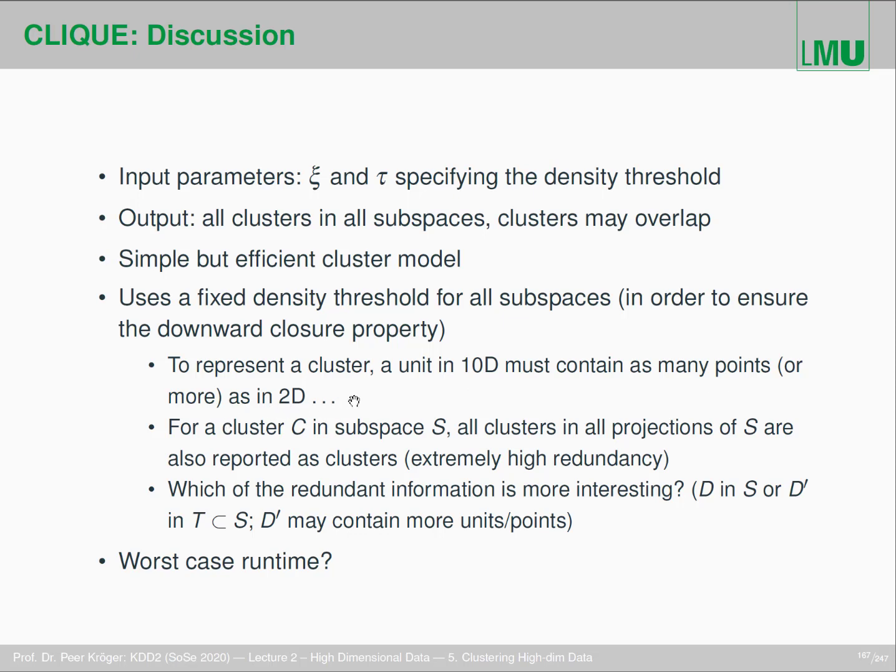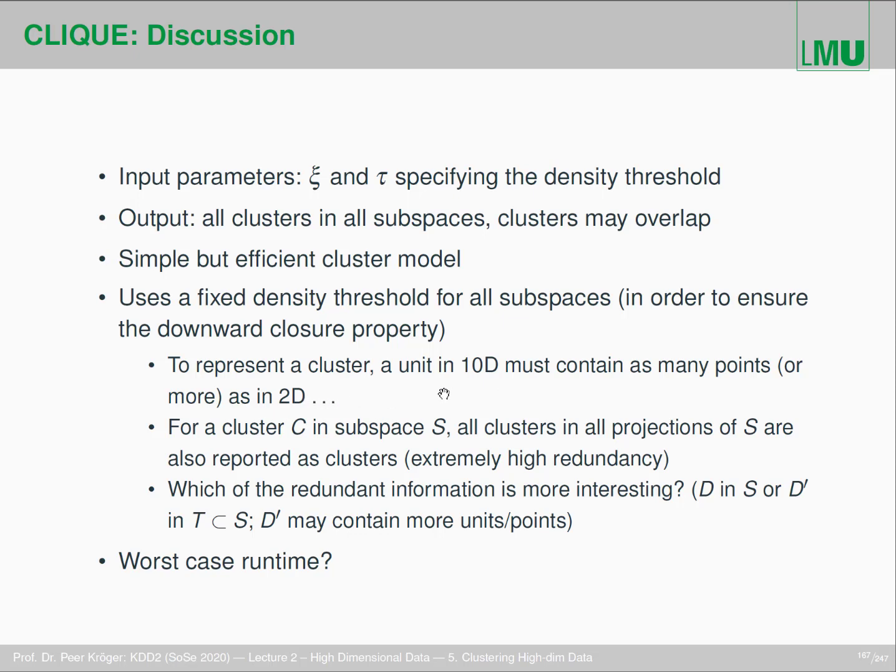And of course, you know from the curse of dimensionality that, given n points, the probability that a given number of points falls in a grid cell, in a given rectangular window, is much higher in 2D than in 10D. But you apply the same density threshold in any dimension, and that of course is somehow arbitrary.